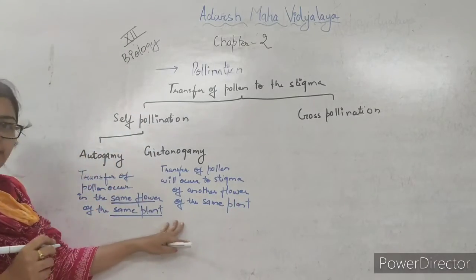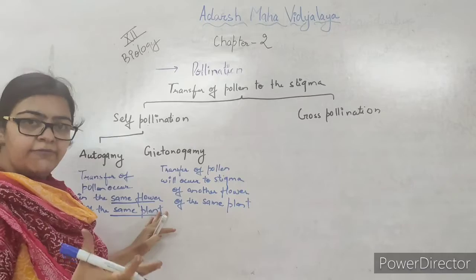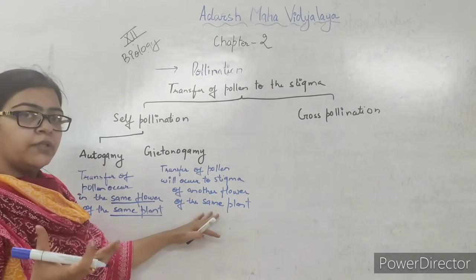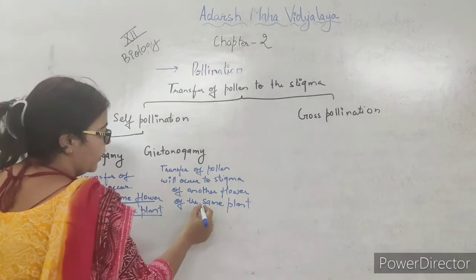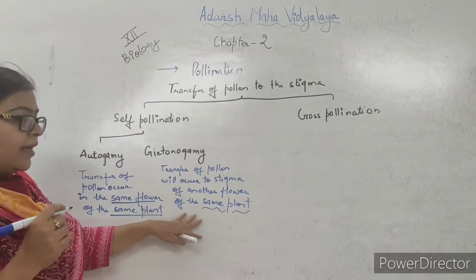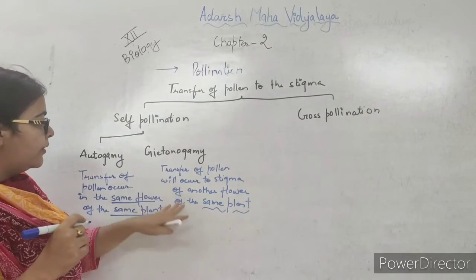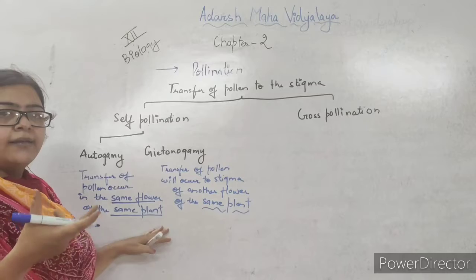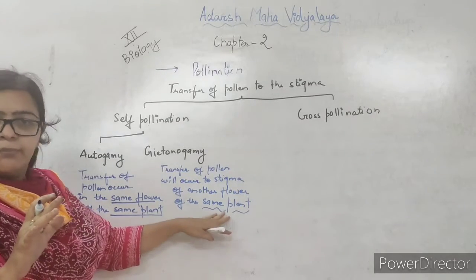So here you get the difference. In autogamy we are talking about the same flower, and in geitonogamy we are talking about another flower, but in both of them we are having the same plant. So we can say that in both of these self-pollinations, the pollen and the egg will have exact genetic composition because we are taking the same plant.